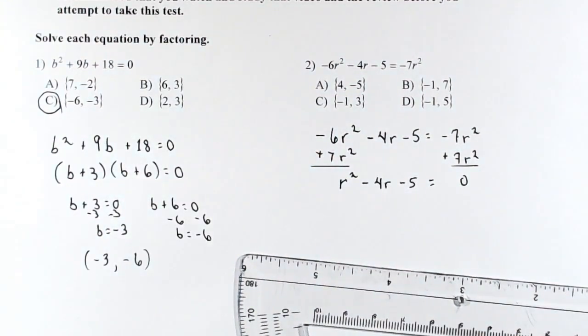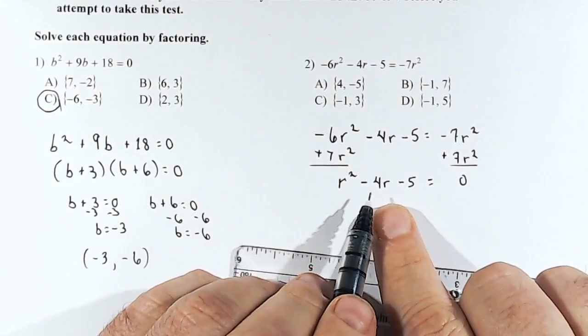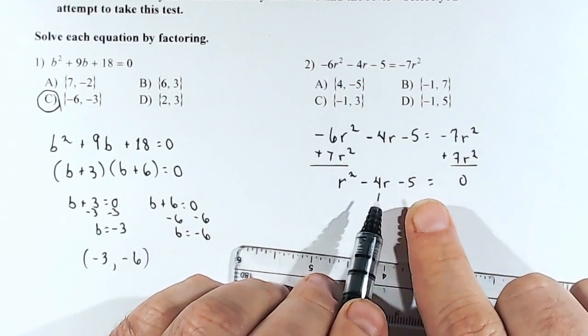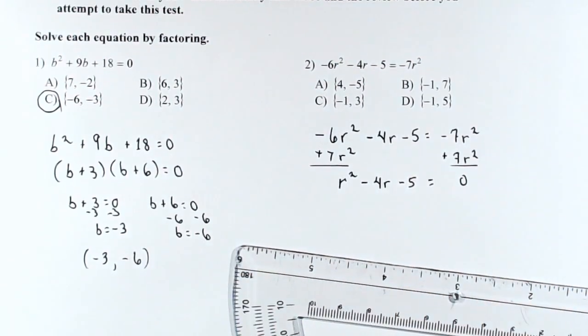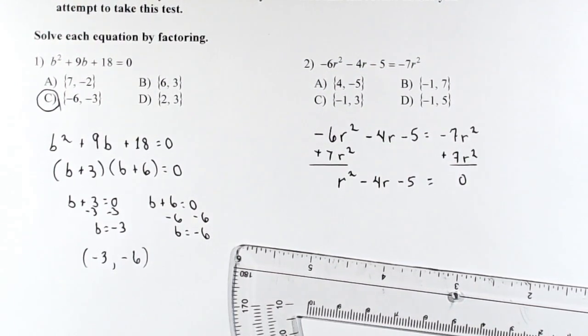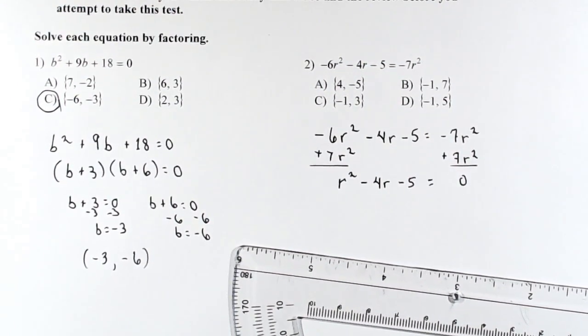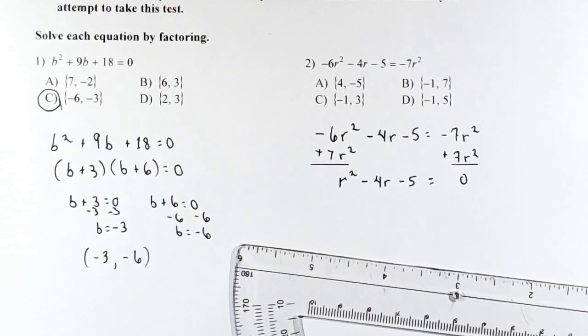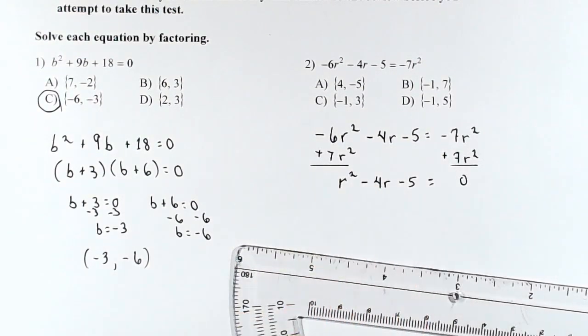Now to factor this, we need to think of two numbers that add to be -4 and multiply to be -5. So you should be thinking of 1 and 5.